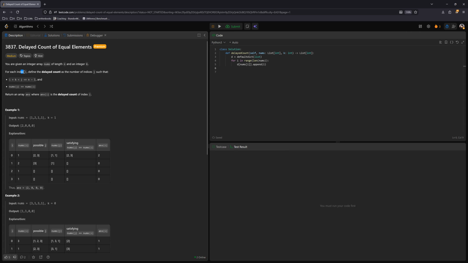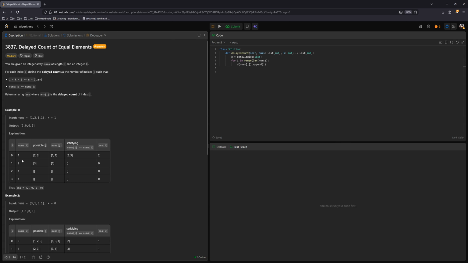So for each index i, the number of indices such that i plus k is lesser than j. Okay, this part can be ignored because this is implied. And they're already sorted. So nums j equals nums i. Okay.